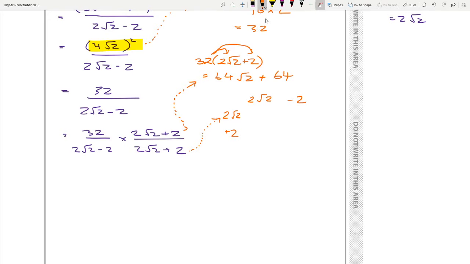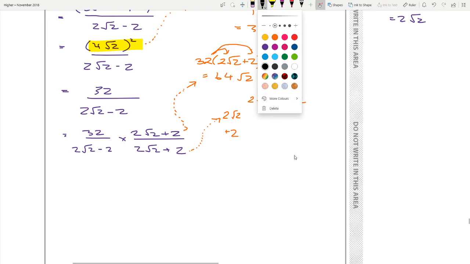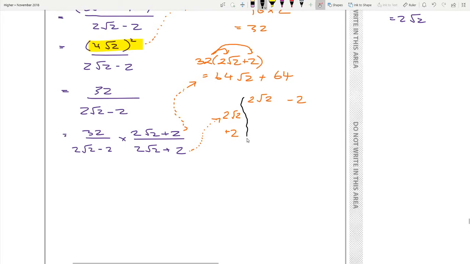Okay, let's put the grid on it as best as we can. And we're multiplying, isn't it? So 2 root 2 times 2 root 2. Well, let's look at the number here first. 2 times 2 is 4, and then root 2 times root 2 is 2. So 4 times 2 is 8.